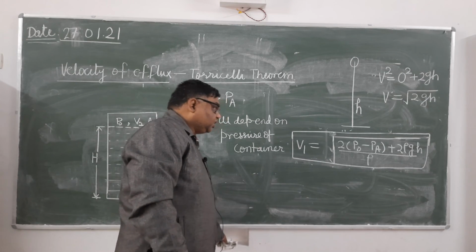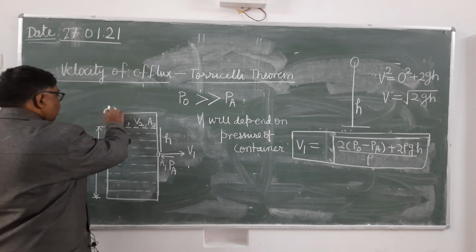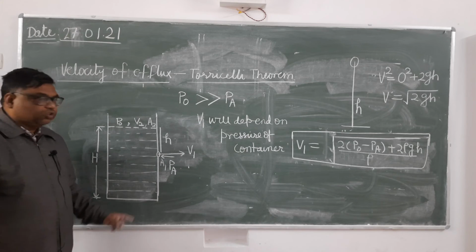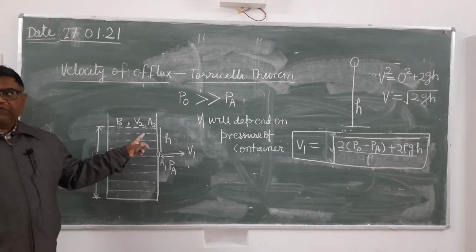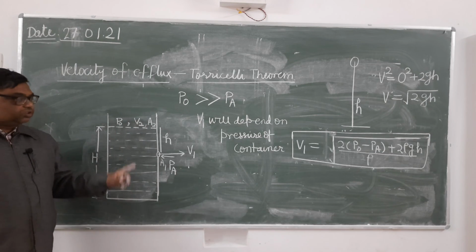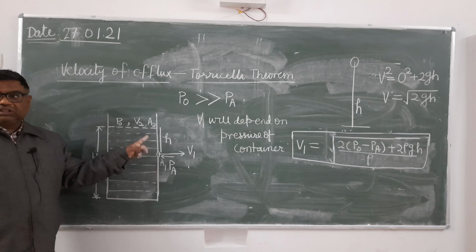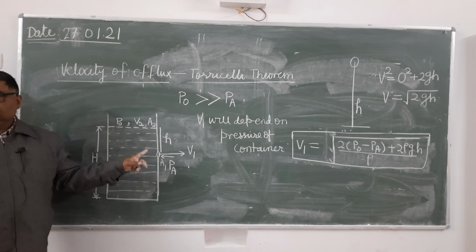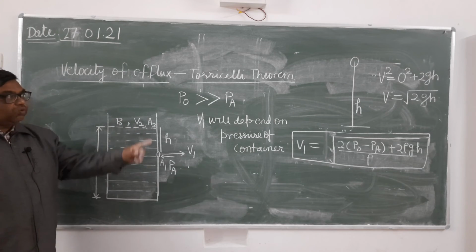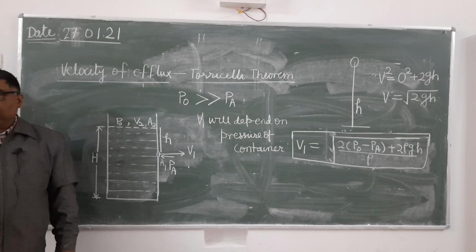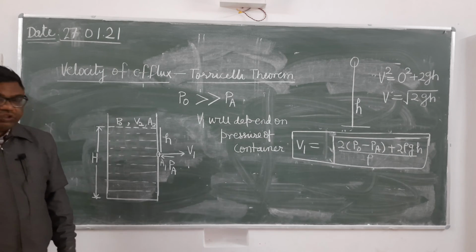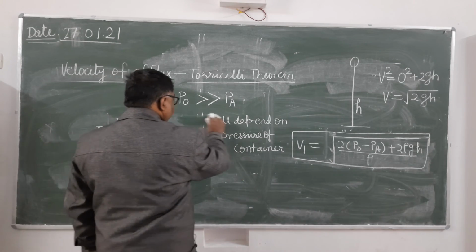According to the Torricelli theorem, velocity of flow from an orifice situated on the side walls of an open container will be equal to the velocity achieved by the freely falling body from that height.